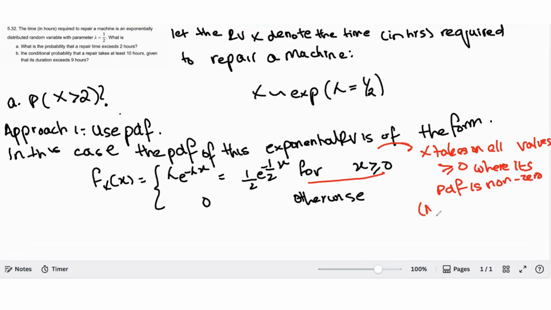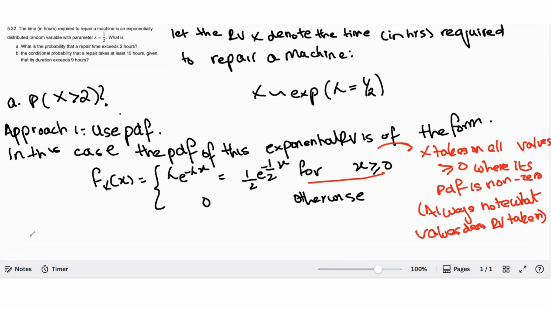And whether it's a discrete or a continuous random variable, we should always note what values the random variable takes on. For continuous random variables, the values they take on are where the PDF is non-zero. So you should always keep that in mind.